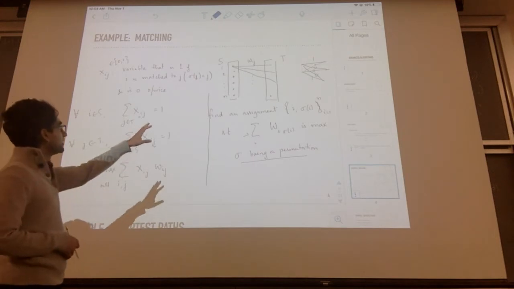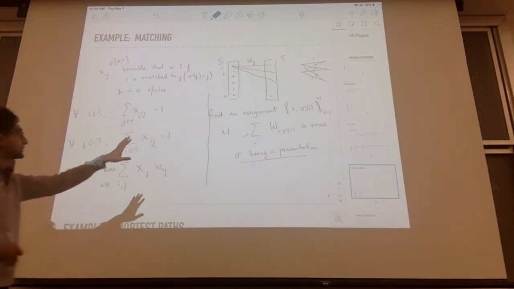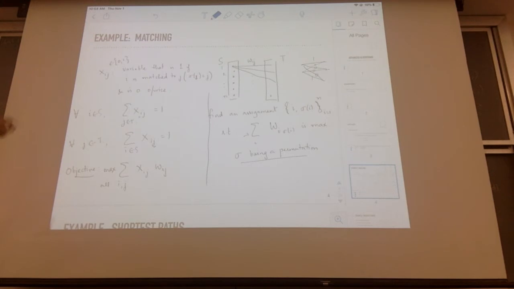We said that you can formulate it as an optimization problem where your variables correspond to whether I was matched to J or not. So xij is supposed to be a Boolean variable that takes 0, 1 values. xij is 1 if you are assigning I to J and is 0 otherwise.